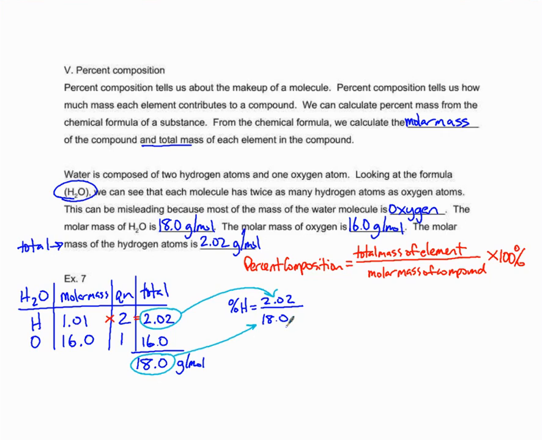I'm not going to write it in here because what we have is grams per mole over grams per mole, and it's going to cancel out. This would give us a decimal. It'd be about 1/9, and that'd be 0.11 and so on. Multiplying it by 100 makes a percentage, and if you put this in your calculator, you'll find that hydrogen only accounts for 11.2% of water by mass. Remember, this is by mass, not by number of atoms.